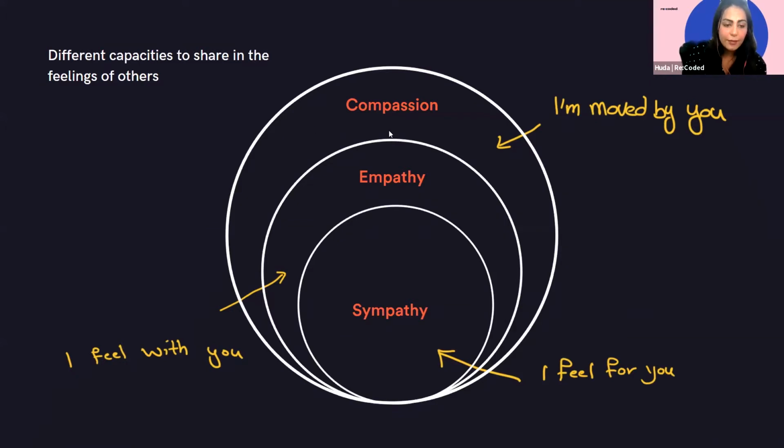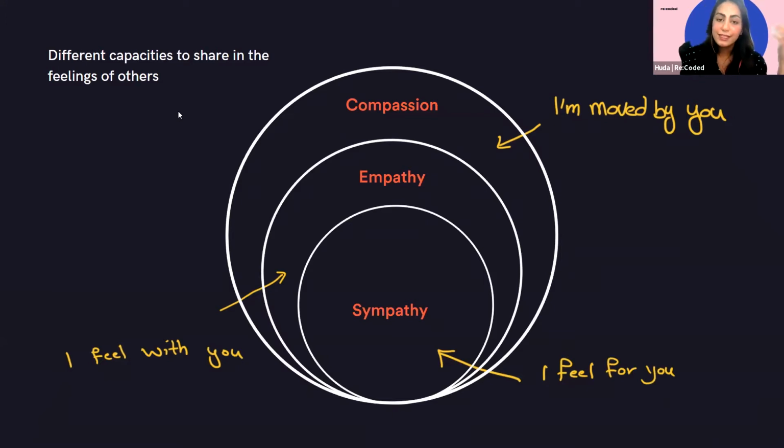So basically empathy means I feel with you. Let's go back to our scenario. Your friend gets bullied, and you can say something like, I feel with you. I feel this is so bad. I hate it. I can understand how bad an experience it was. The thing that you did here is called empathy.